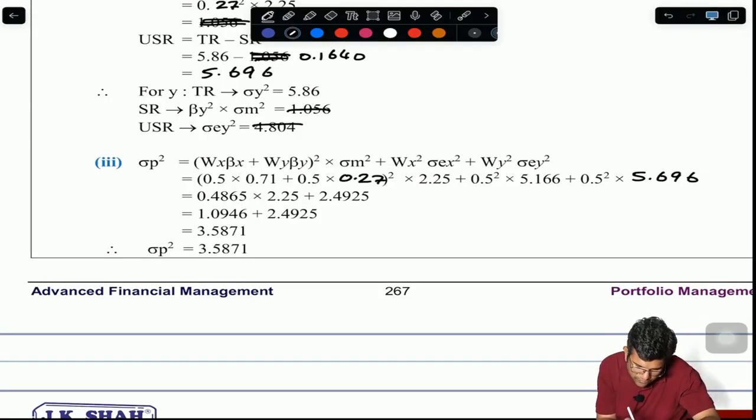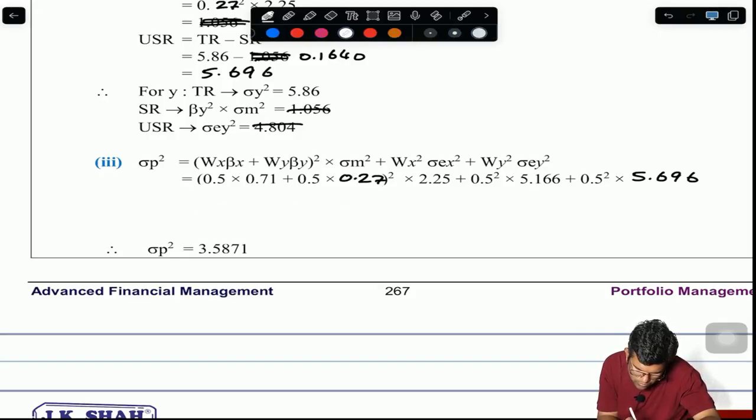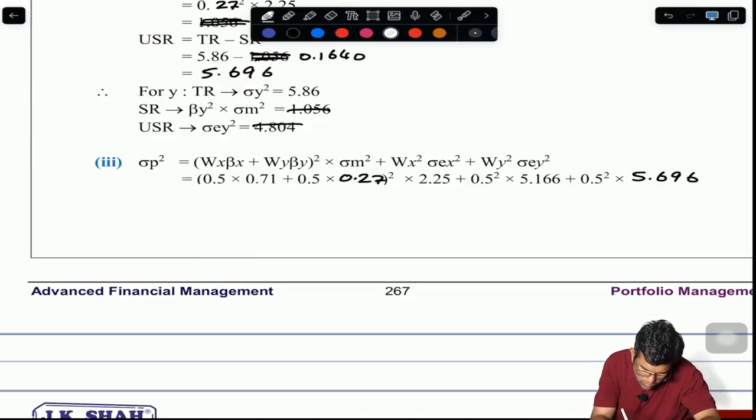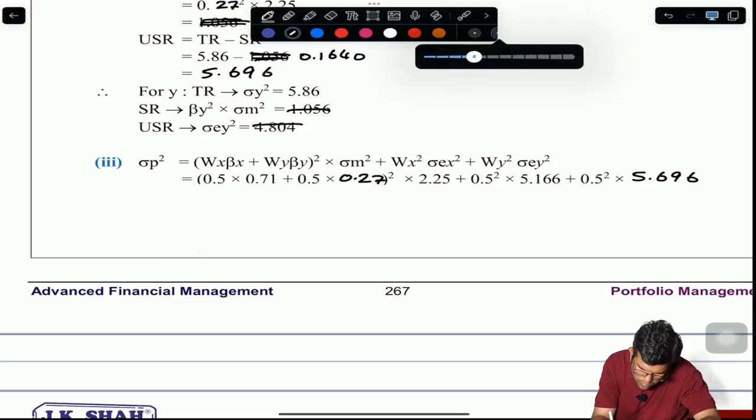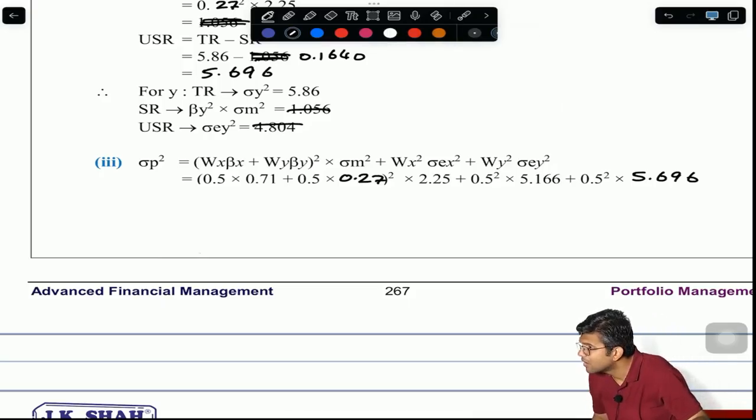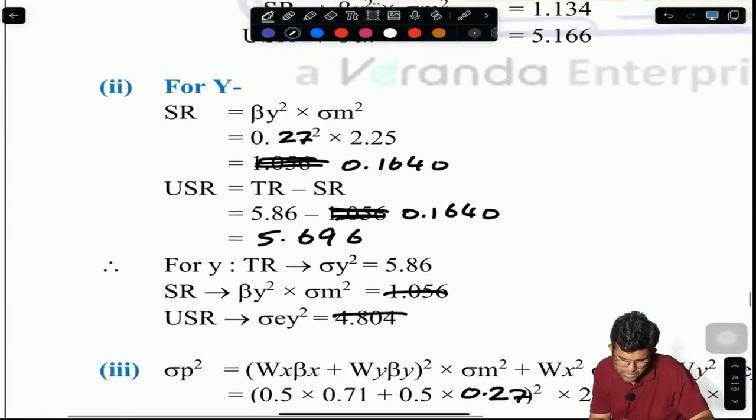And the final answer therefore will change to... What is Adarsh saying? Is he right or wrong? It's there in front, no?